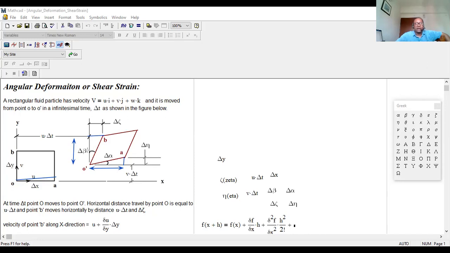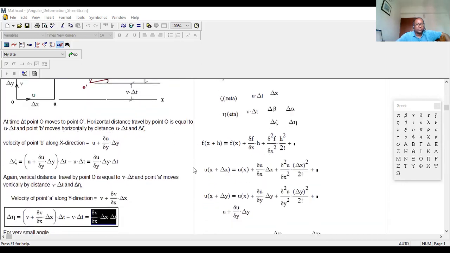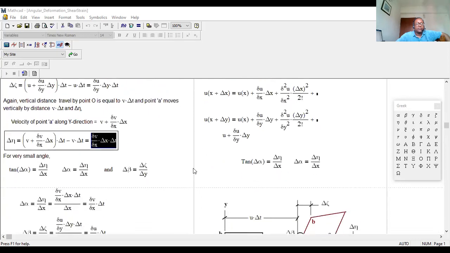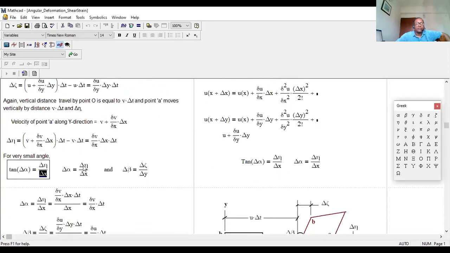So tan beta will be del zeta divided by del y, and tan alpha equal to del eta divided by del x. So we get this one. Now that tan alpha equal to del eta by del x.